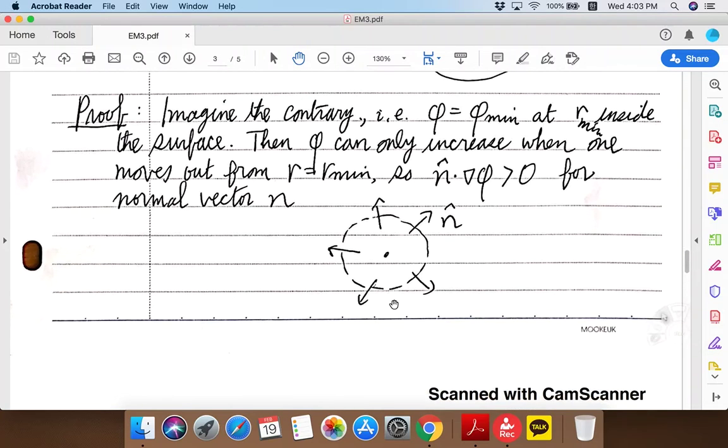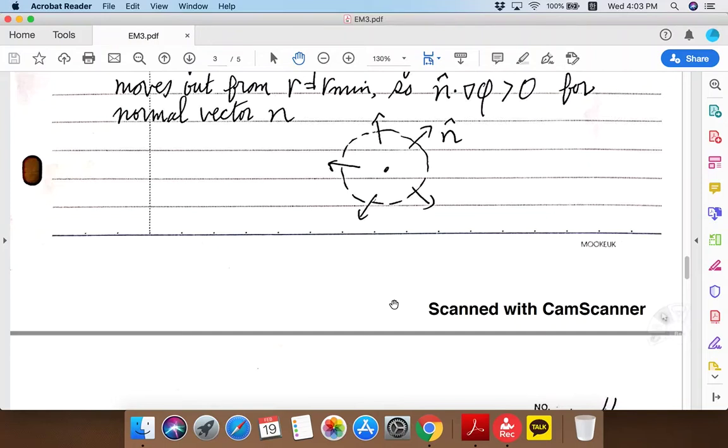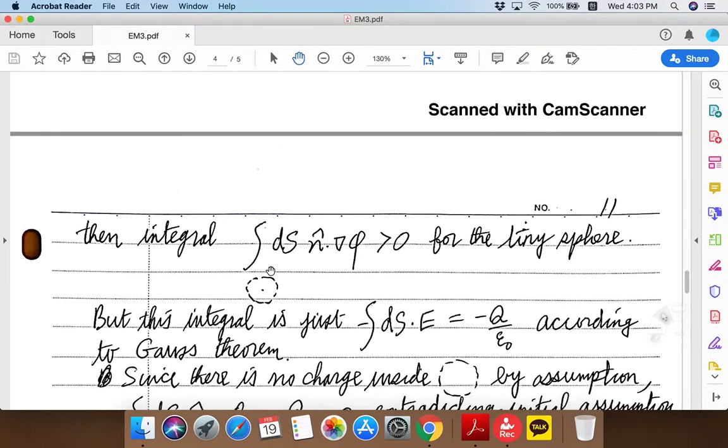Okay, now let's explore the consequence of that statement. The consequence would be that this integral covering the entire surface surrounding the minimum point has to be positive, because at every single patch of the surface, this integrand has to be a positive number.